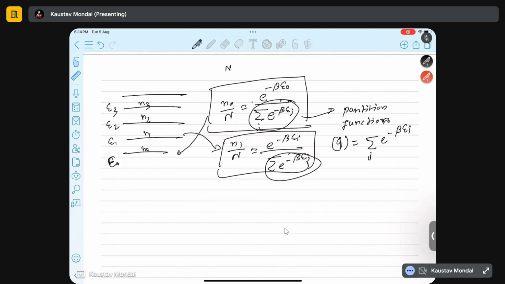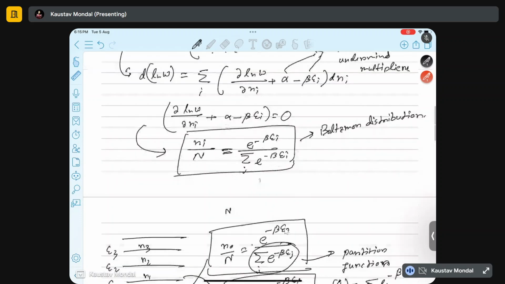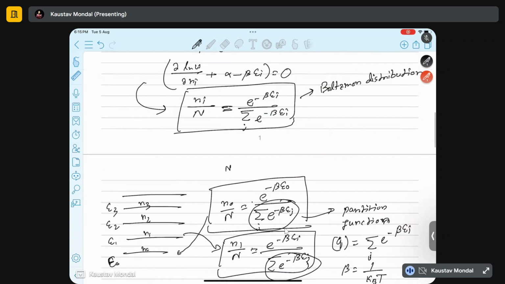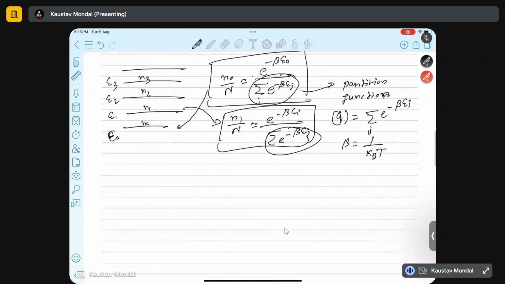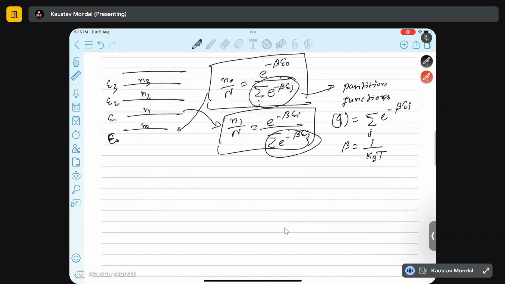Now, here beta is 1 by kbT. Beta is simply a constant, like that was in the Lagrange undetermined multiplier. So that beta is nothing but 1 by kbT. And this q we have termed as the partition function.